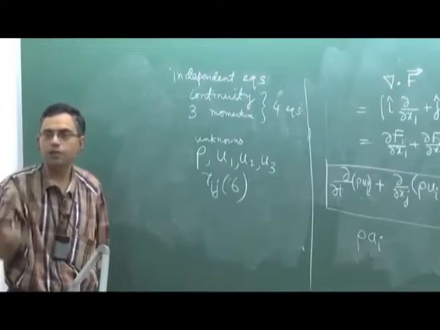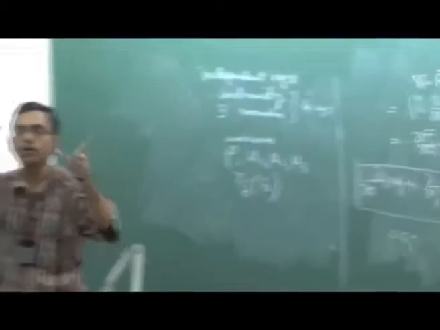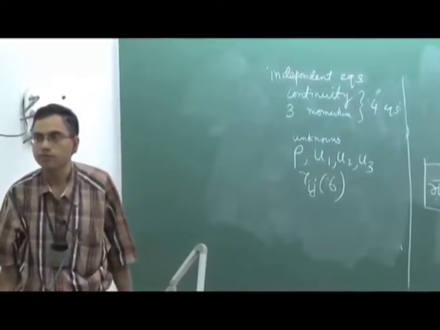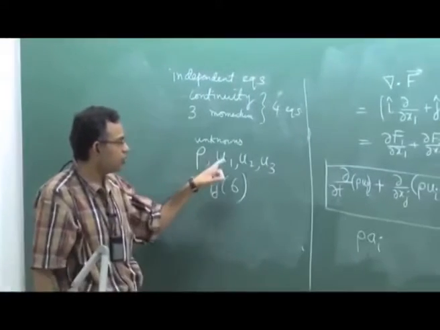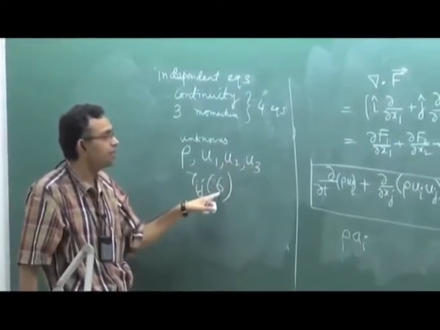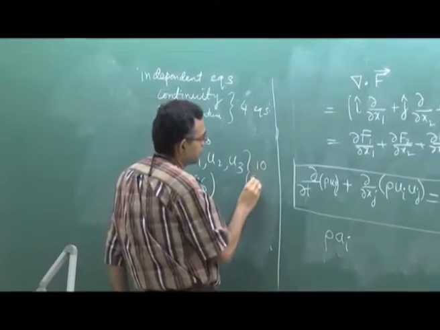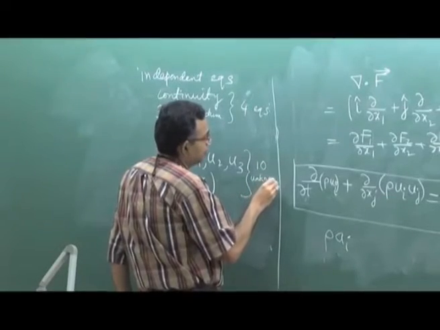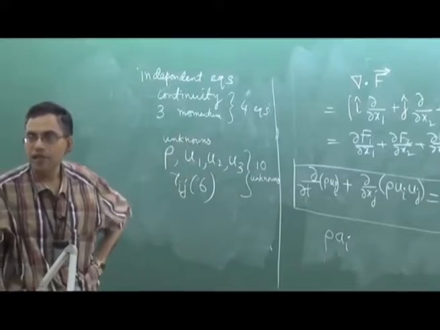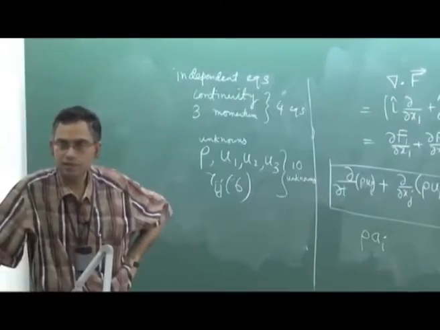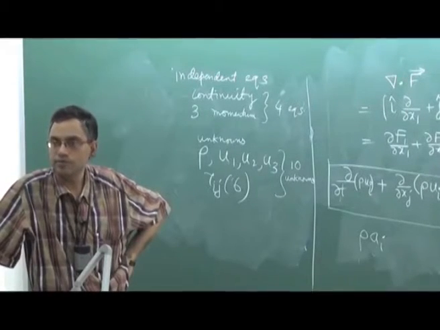Body force is usually prescribed, it is known, because you are interested in the motion given a particular body force. So how many are there? 1, 2, 3, 4 plus 6, 10 unknowns. So you can see that whatever equations we have derived is not a closed system, because you have 4 independent equations with 10 unknowns.